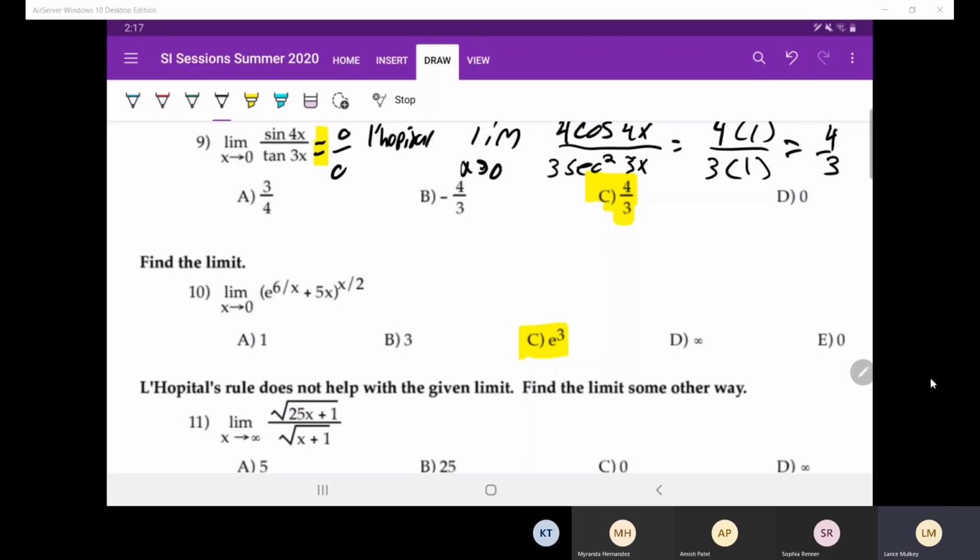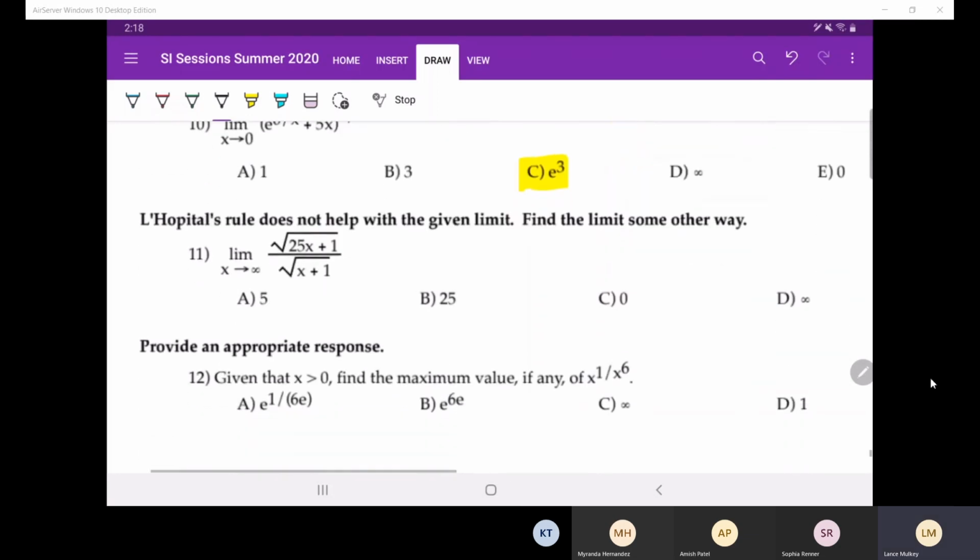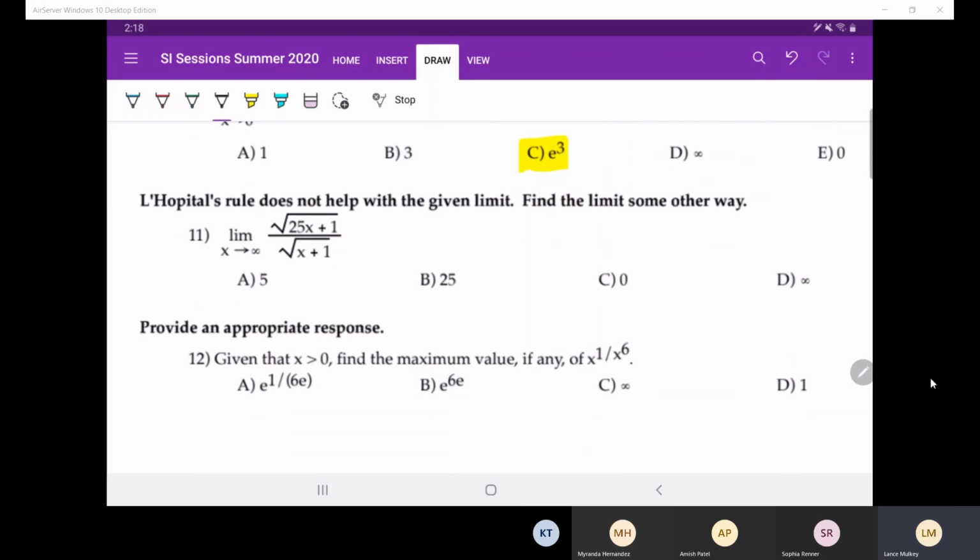Unless you just take the derivative. What's the derivative of that? It's like natural log of... That's disgusting. Okay. L'Hopital's rule does not help. That's strange. So if you plug in infinity, you get infinity over infinity.